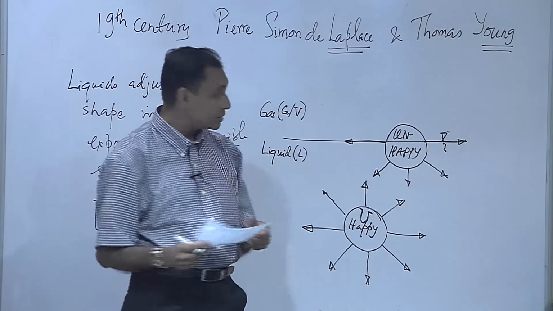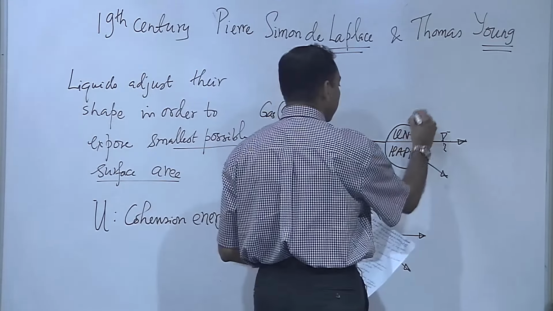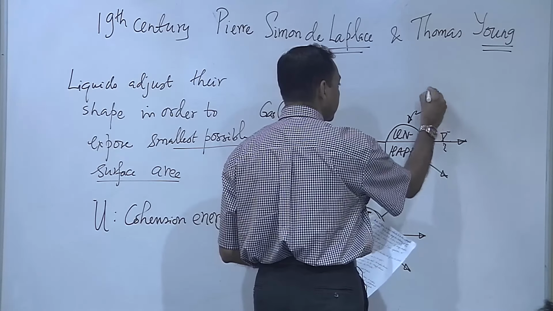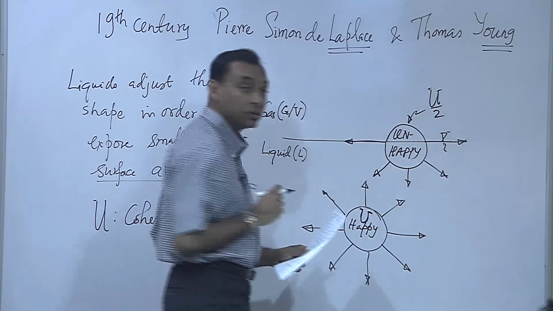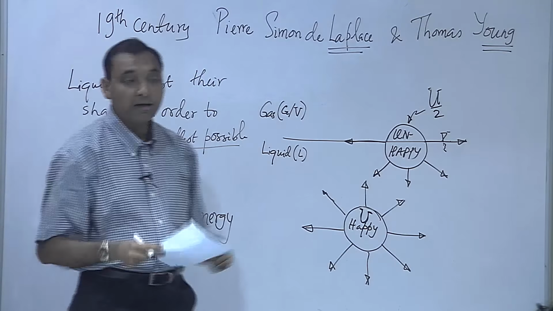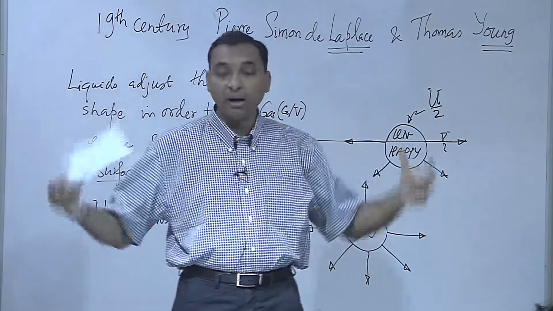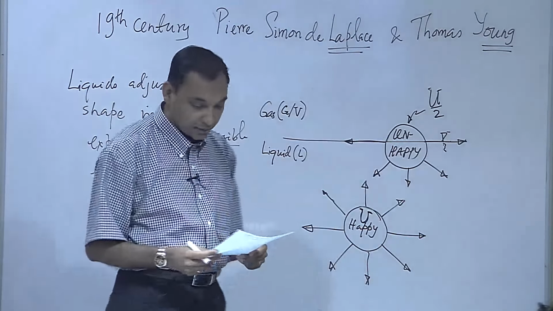It will be U by 2, right? This cohesion energy will be less by U by 2 because half of the molecules are exposed to another phase.